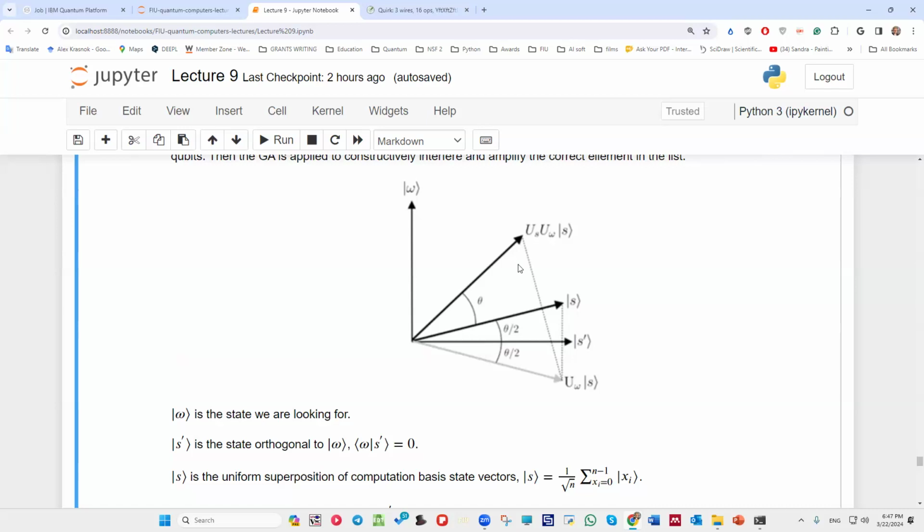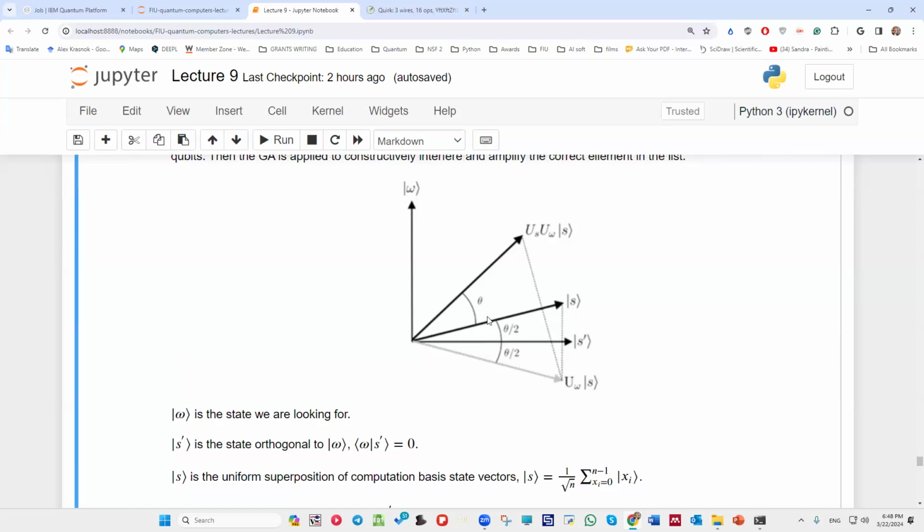So applying this oracle and amplifier, you see that from this vector S, you get the new vector US U omega S, right? And this vector is rotated closer to the state we are after, the state we are looking for.